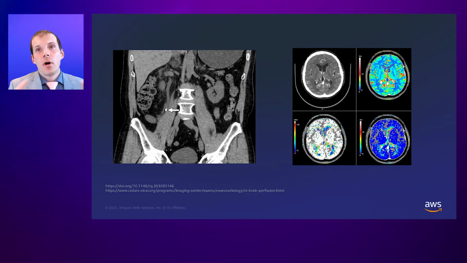I won't go into all the details, but these two types of indications are going to differ in their use of iodine-based contrast agent. They're going to differ in how many scan phases we take. In other words, we inject some agent and then we image at different time points as that agent courses through the body. There are differences in the ionizing and potentially harmful amount of radiation dose that we use to acquire these different types of images for these different indications.